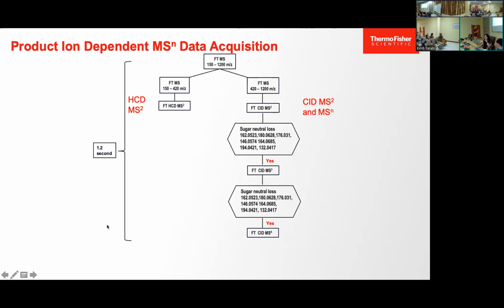Method-wise, I do a full scan with a mass range of 150 to 1200. At MS2, I do a fragmentation. At MS3, if you only focus on flavonoids, I can detect a sugar neutral loss, which means that when the system detects a sugar loss, it will automatically trigger.